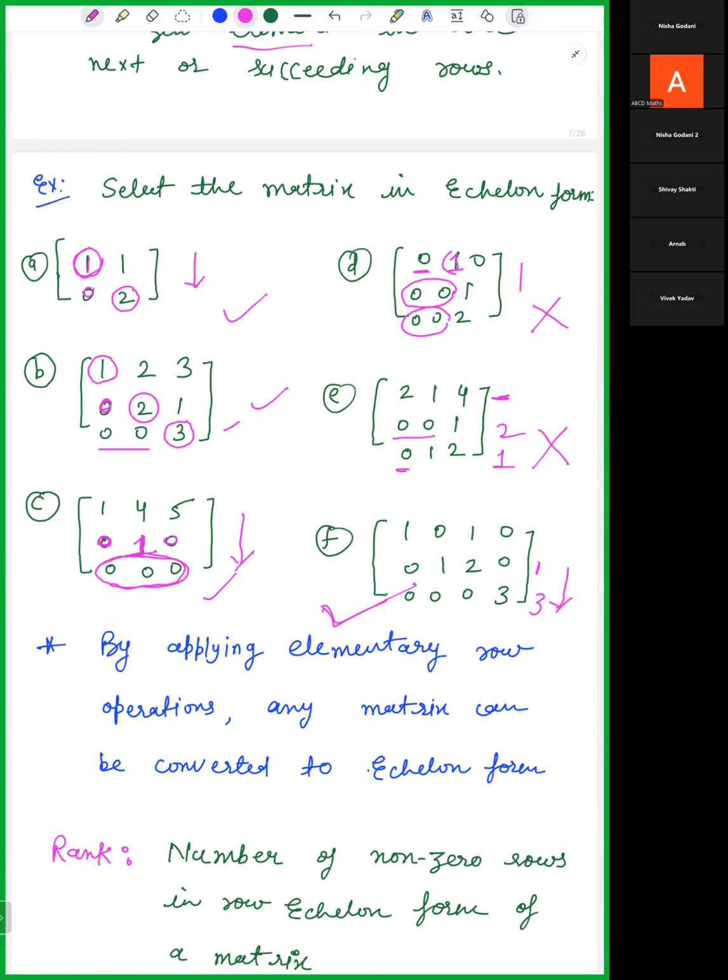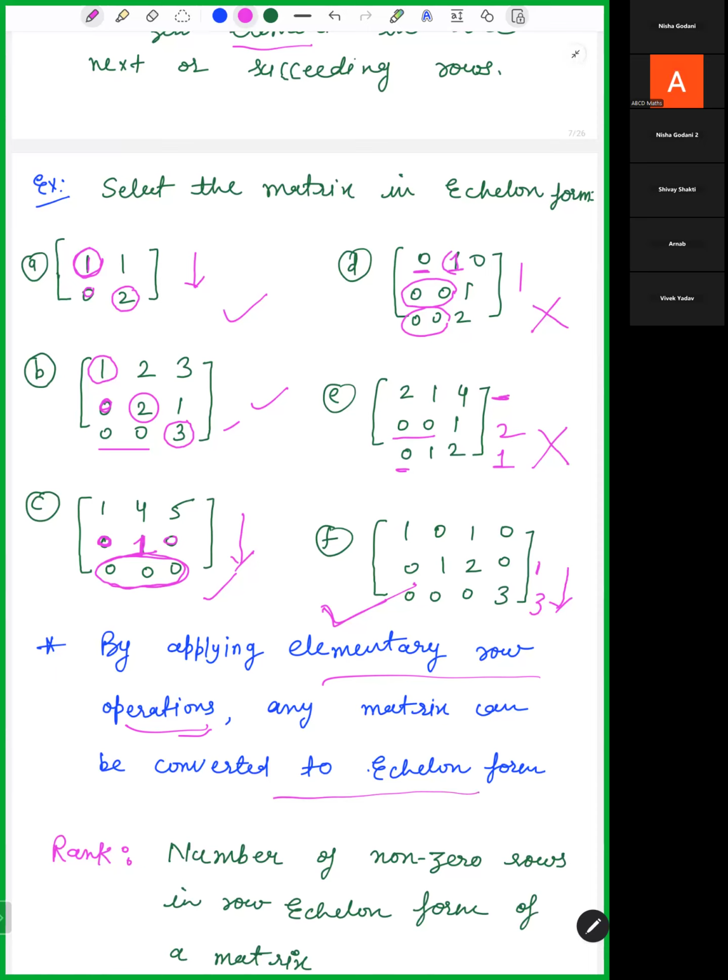By applying elementary row operations. Actually, echelon form is also known as row echelon form because we will apply row operations. Column echelon form is different. So mostly we use row operations, so we use row echelon form. So by applying elementary row operations, you can convert a matrix to echelon form.